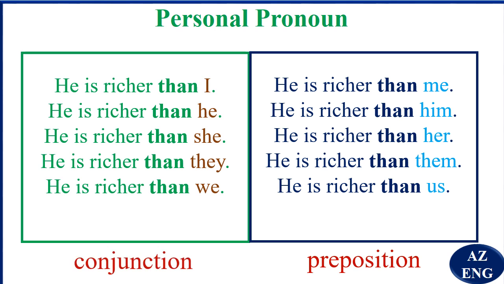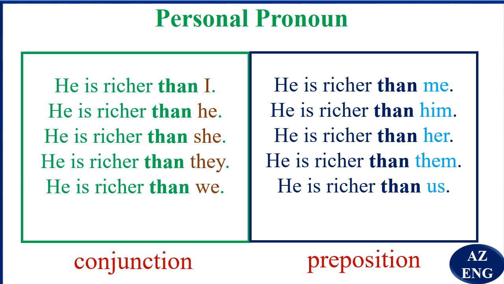So do not get confused. If you say he is richer than I, it is correct. He is richer than me, it is correct too. He is richer than he is correct. He is richer than him too is correct. But you see the difference.